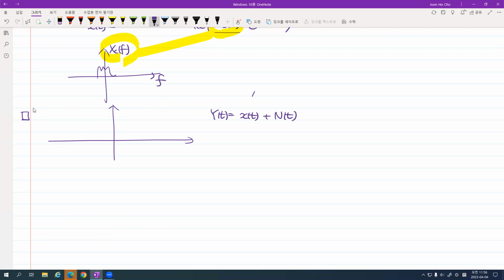And here, since we are radio engineers, this is a real bandpass signal, and this could also be real bandpass. So here we have our signal, and there is some noise. I'm not going to talk too much about white noise because we haven't yet studied the power spectrum. But anyway, we have noise.